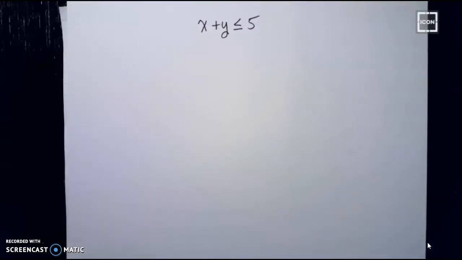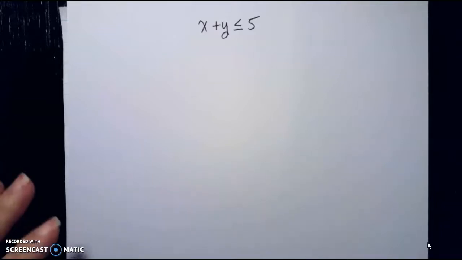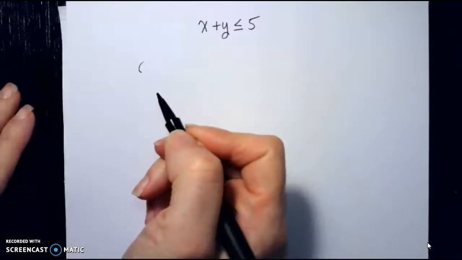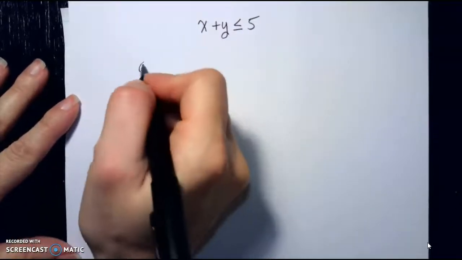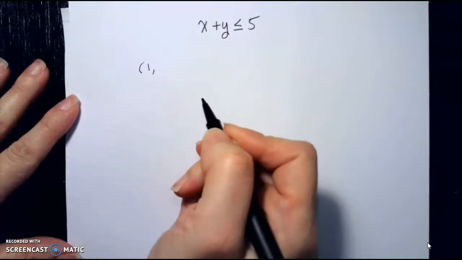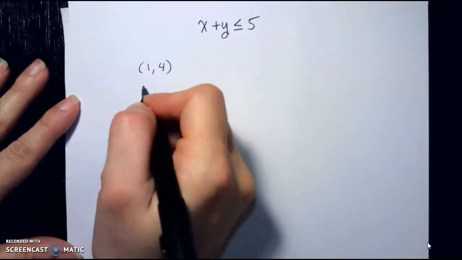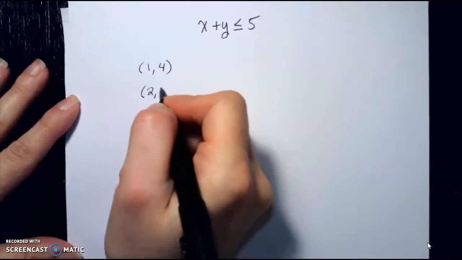Here I just have rewritten the inequality, x plus y is less than or equal to 5. I might be thinking about values that are equal to 5. I'm just brainstorming some possible x values. Let's say x is 1. If I want the sum to be equal to 5, then y would have to be 4. I could also have ordered pairs like (2, 3).